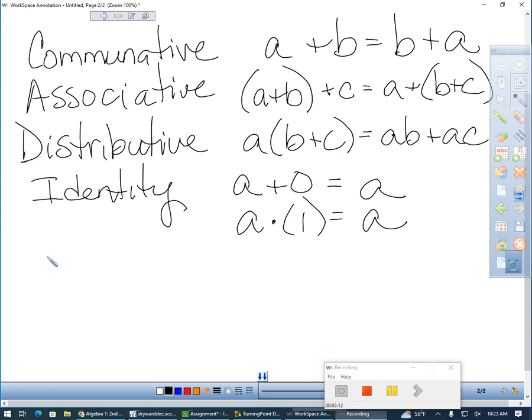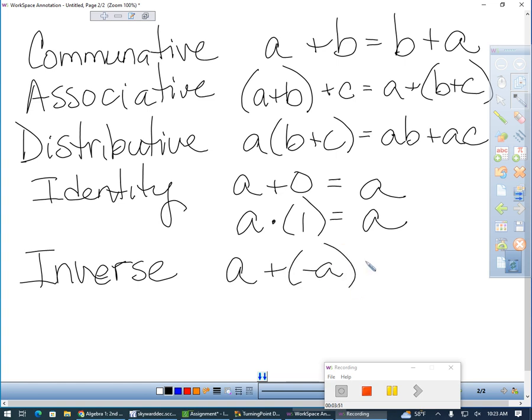Okay. All right. The next one we have is the inverse property. Inverse property means that you are taking something and its opposite. So for example, if I have A plus a negative A, I'm going to end up with 0. Right?